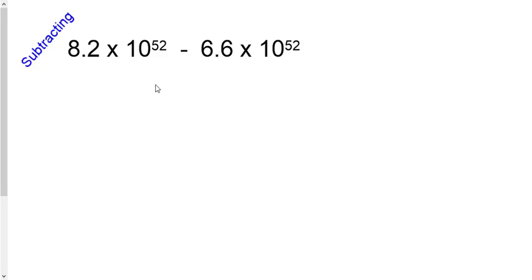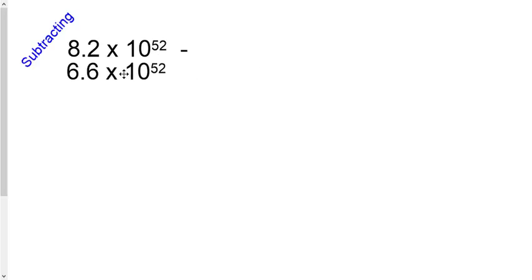Now, here's another one, and again, they have the same exponent. So let's just go and subtract. I threw this one in so that you would see that if you had to borrow or regroup, you would handle it the exact same way that you always have.